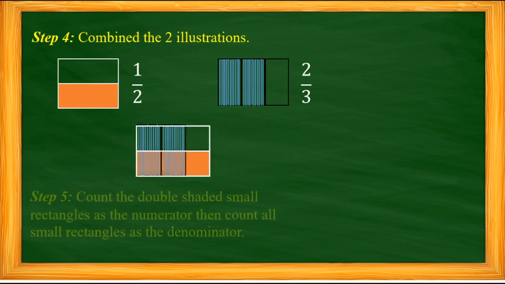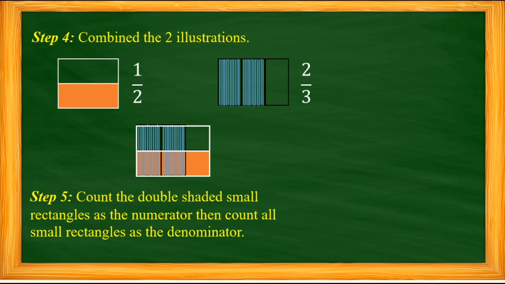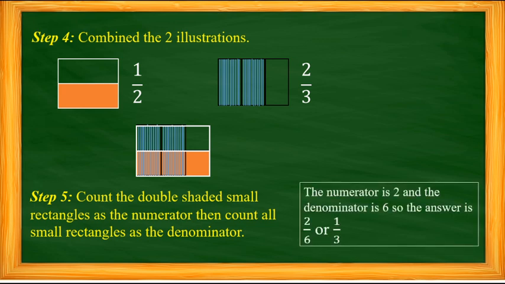Okay, so step 5, count the double shaded small rectangles as the numerator, then count all the small rectangles as the denominator. So the numerator is 2. Why? Because we have two double shaded regions, 1, 2.